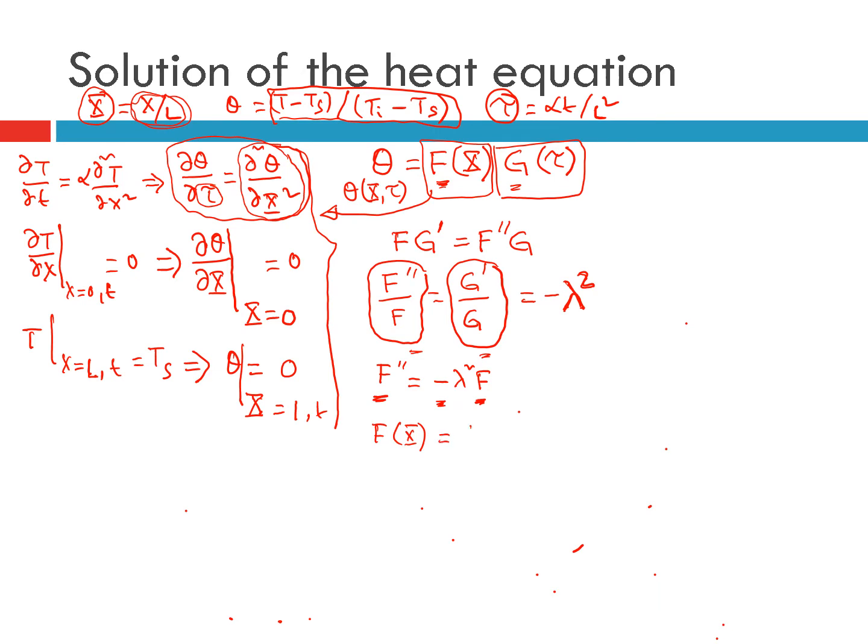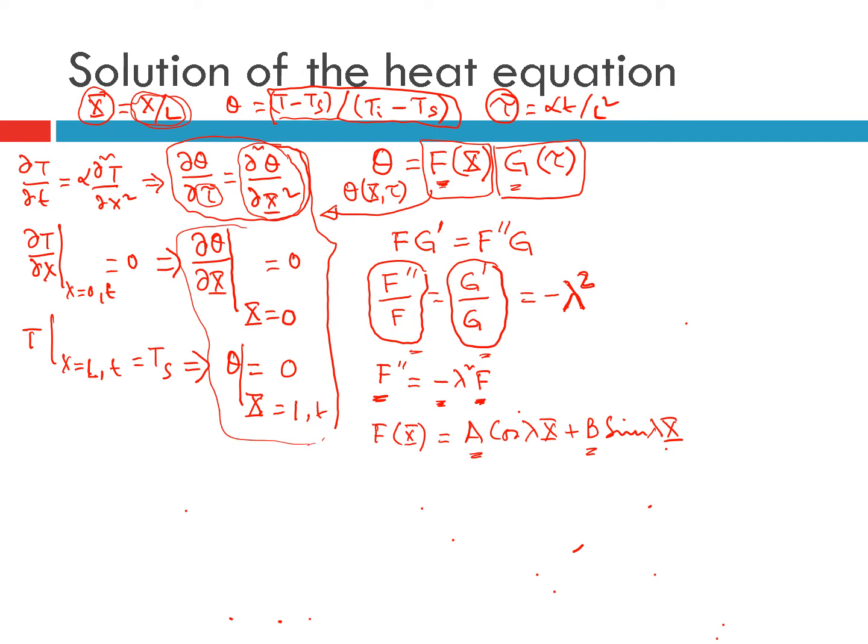So we can say this is equal to a times cosine lambda X plus b times sine of lambda X, where we do not know what a and b are. So with that function, now we try to use the boundary conditions, these guys, to try to find a and b.